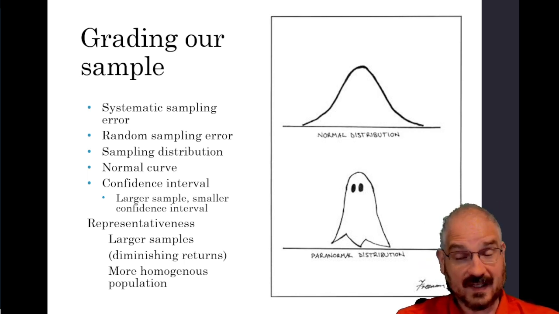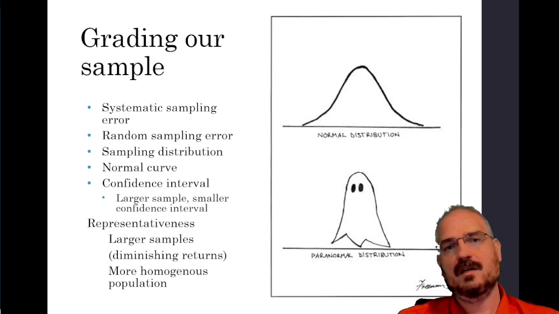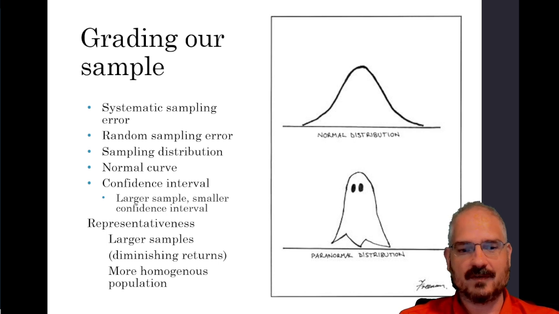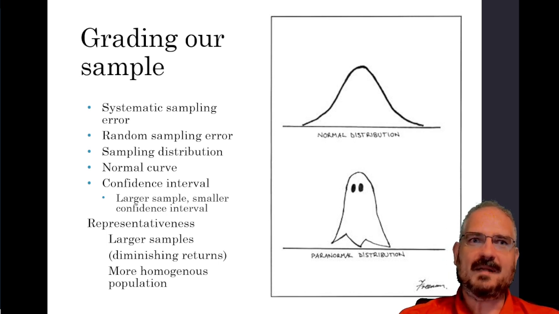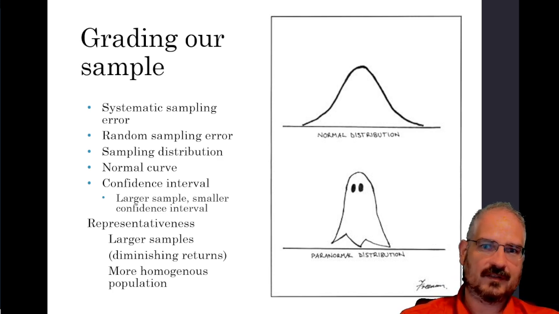Still nowhere close to perfectly homogenous. There's still lots of variation in, again, race, religion, gender, political beliefs, all that stuff. But it might be more homogenous than, say, the entire United States.